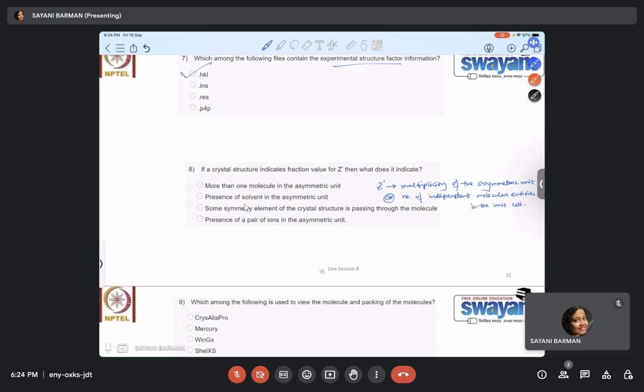But if it indicates a fraction, like 0.5, then you can say it is half of the structure, meaning some symmetry element of the crystal structure is passing through the molecule. So it's not a whole number, and we are getting a fractional value. So this will be the answer. More than one asymmetric unit means Z prime will be greater than 1, but in integers, of course.